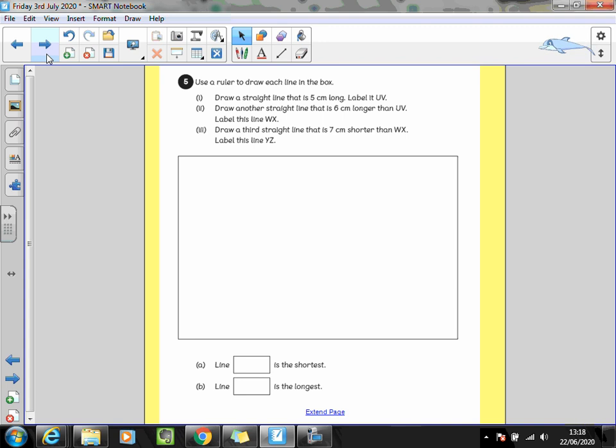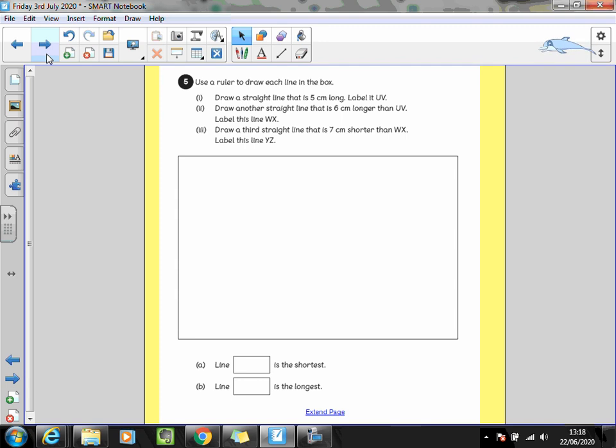Moving on to question 5, you need a ruler. I'd like you to use a ruler to draw each of these lines in the box. Can you draw a straight line that is 5 centimetres long and label it UV? Then draw another straight line, this time that is 6 centimetres longer than the line UV that you've just drawn.